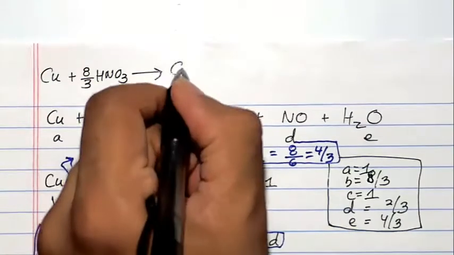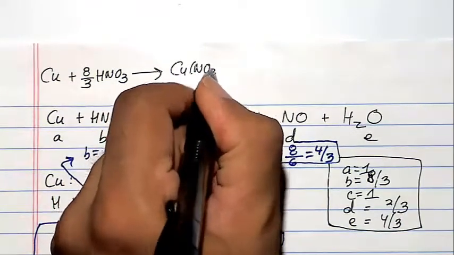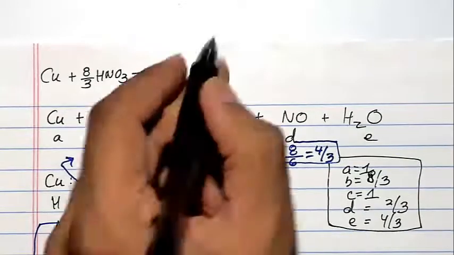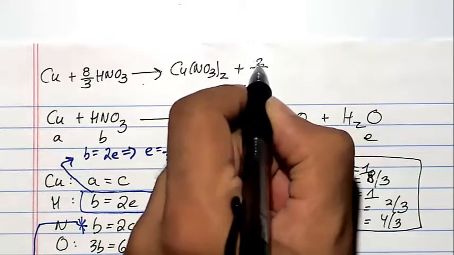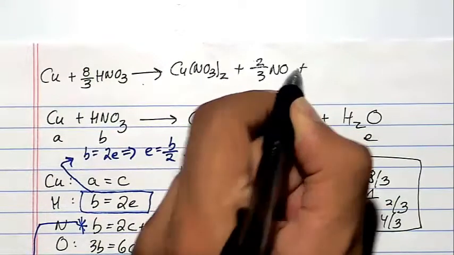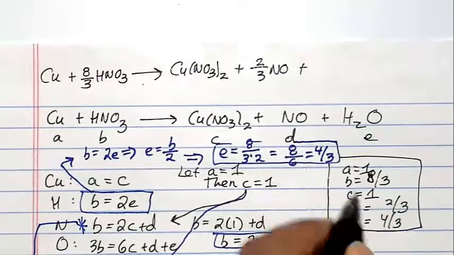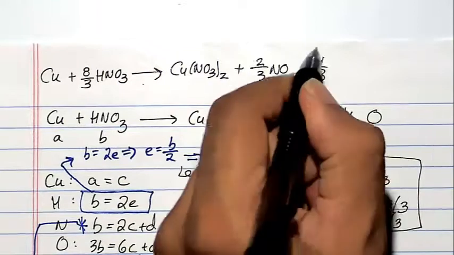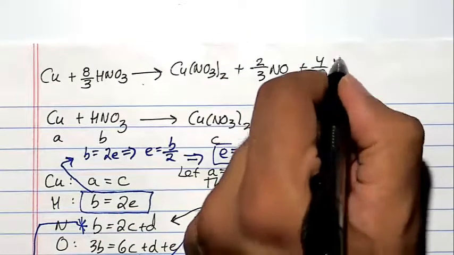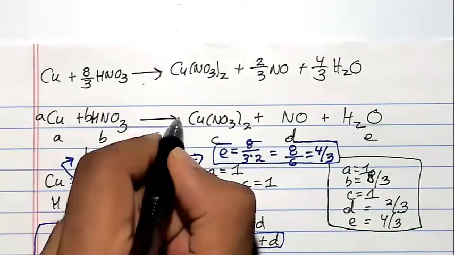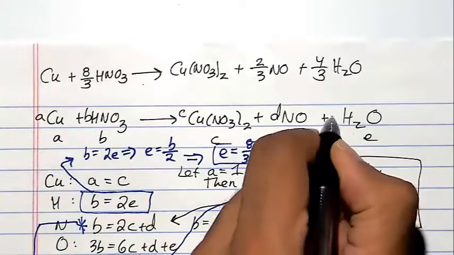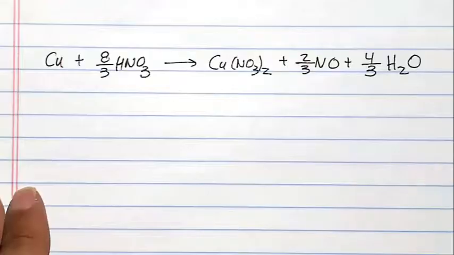C is 1. D is 2/3. So there's D. And then E is 4/3. Okay. So A, B, C, D, and E represent coefficients.